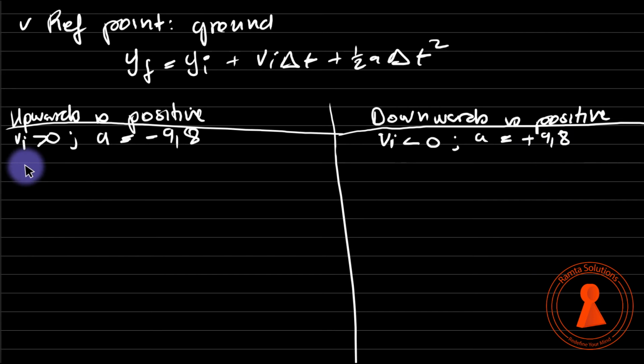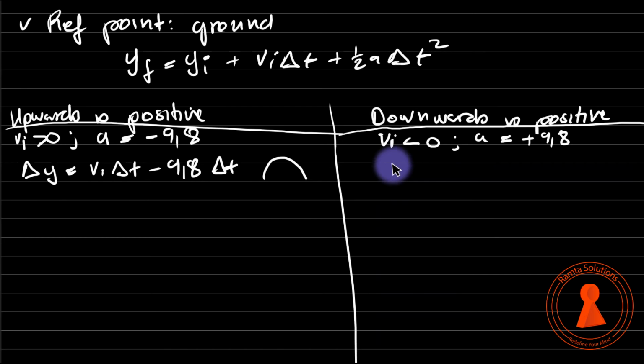So we have delta y equals vi delta t minus 4.9 delta t squared. It will be frowning. Here, we will have delta y equals vi delta t plus 4.9 delta t squared, sorry, I forgot the square.